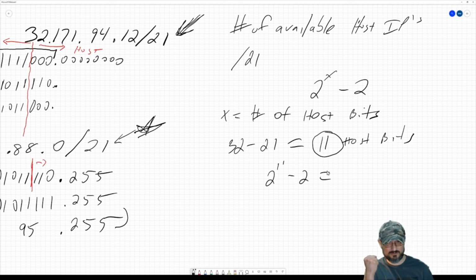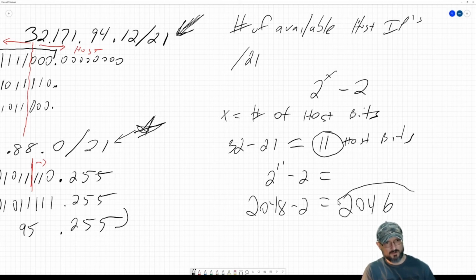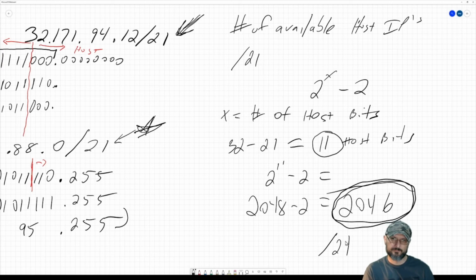You can literally just go 2, 4, 8, 16, 32, 64, 128, 256, 512, 1024, 2048. 2048 minus 2 equals 2046. There are 2046 available IP addresses in a /21. The answer.